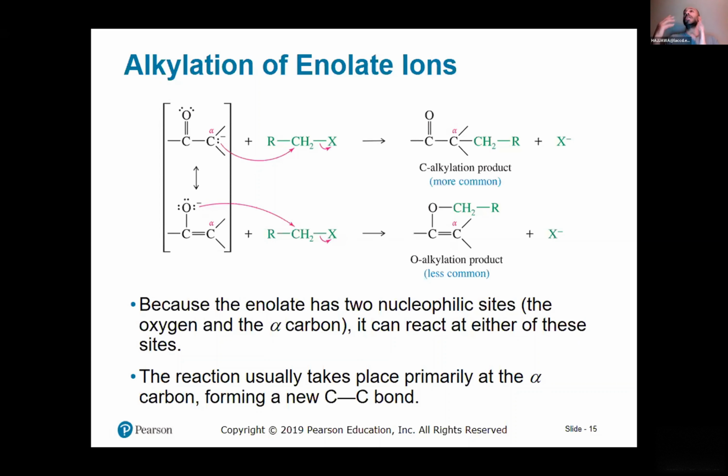It has to do with nucleophilicity. Nucleophilicity corresponds to a large atomic size, and large atomic size means it's softer. The softer the atom, the easier it overlaps with the orbital of the electrophile. And that's why you will never see O alkylation. You will always see C alkylation, and that's the more common outcome of those alpha carbon structures.